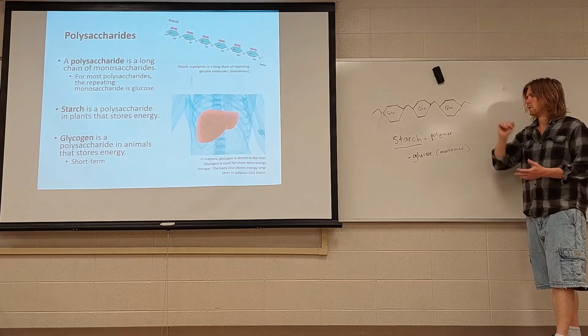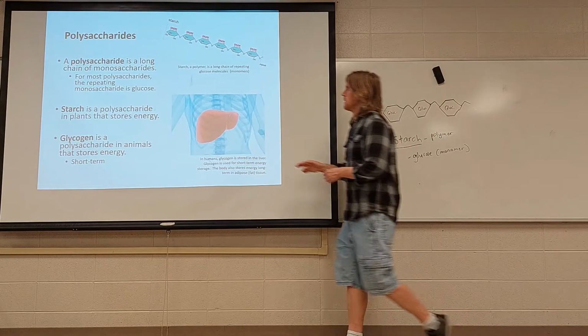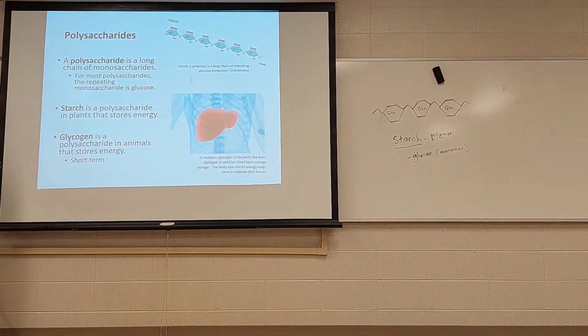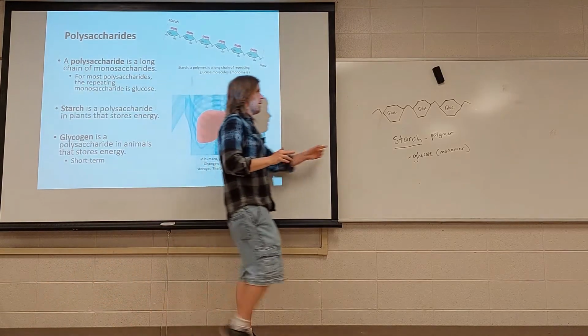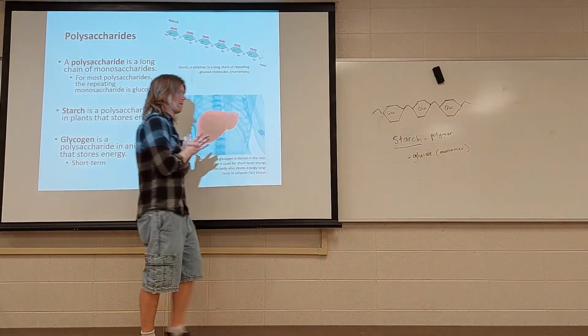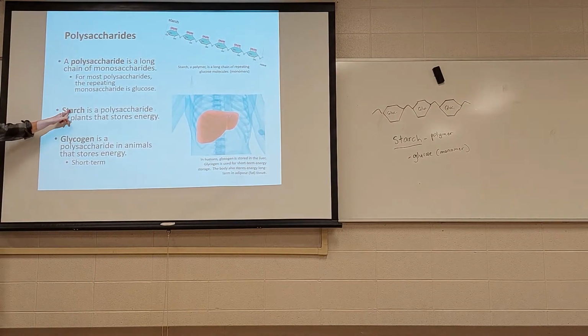Proteins can also be a polymer, for example. Polysaccharide specifically refers to a polymer of sugar, a really long chain of sugars. Starch is one such example.